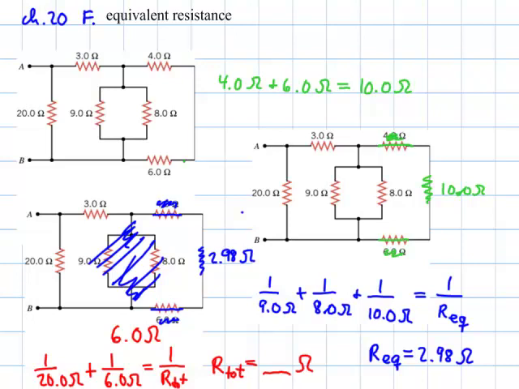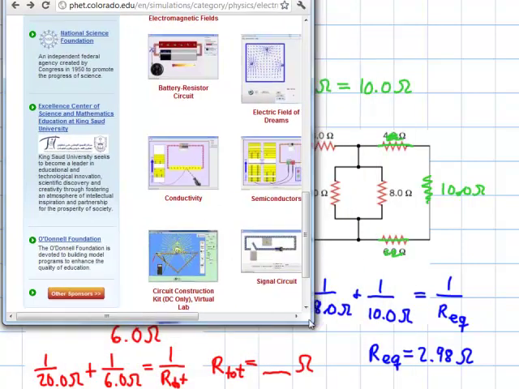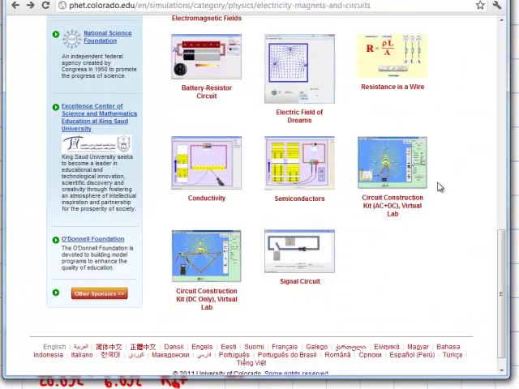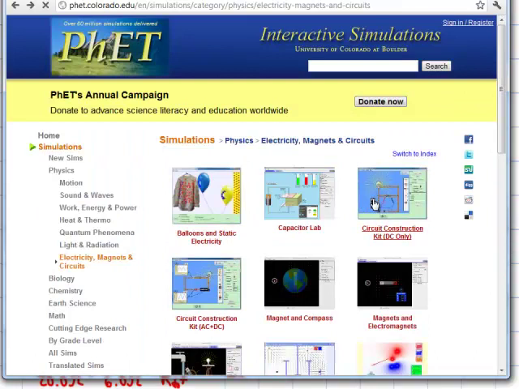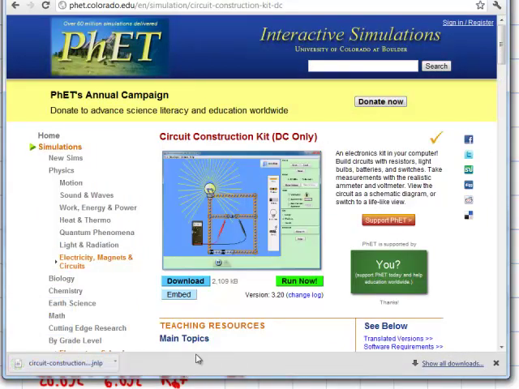For this one, I actually will show that in the circuit construction kit. I'll take a moment here.